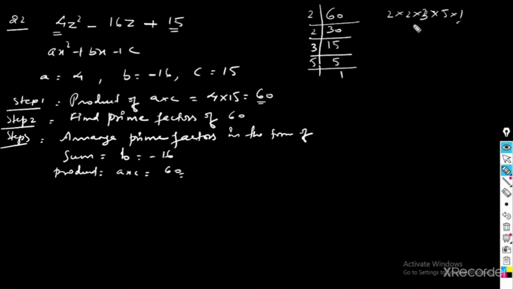Ultimately you will get the product as 60. If you are going to find the product of the whole, you will get 60. But then you only have to worry about this minus 16, and that is also not a worry. Simply arrange it in such a way that you get 16. Let us try to do. Say 5 3s are 15, and 15 plus 4 will give you 19, so you won't get this. If you do 4 3s are 12, 12 plus 5, again it will not give you, it is giving you 17.